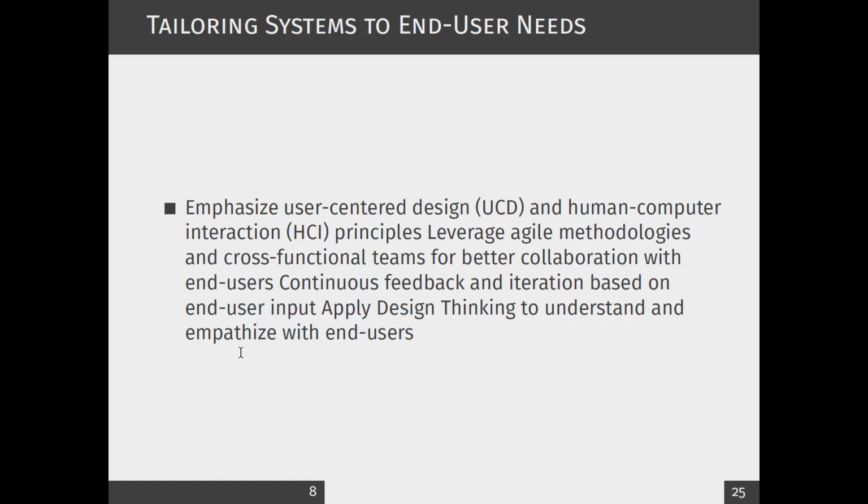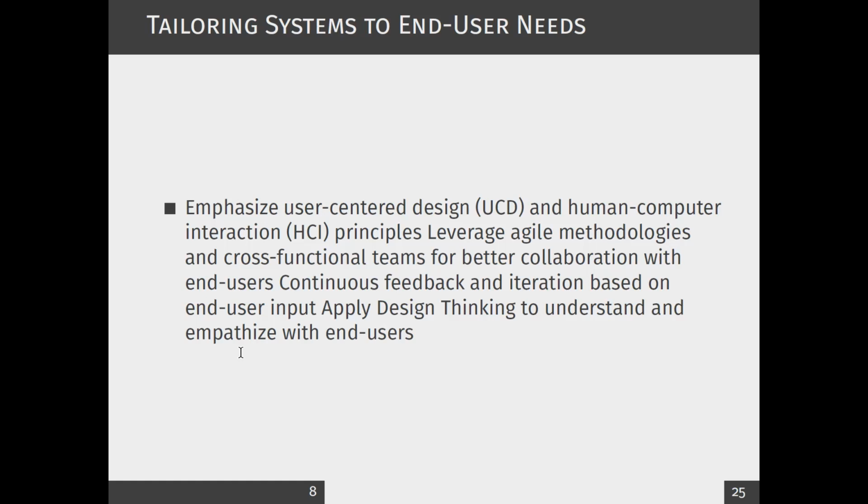Then, when you want to change the system for the requirements of the end users, which we can call tailoring systems to end user needs, we can emphasize user-centered design, or UCD, and human-computer interaction principles together with the agile methodologies.